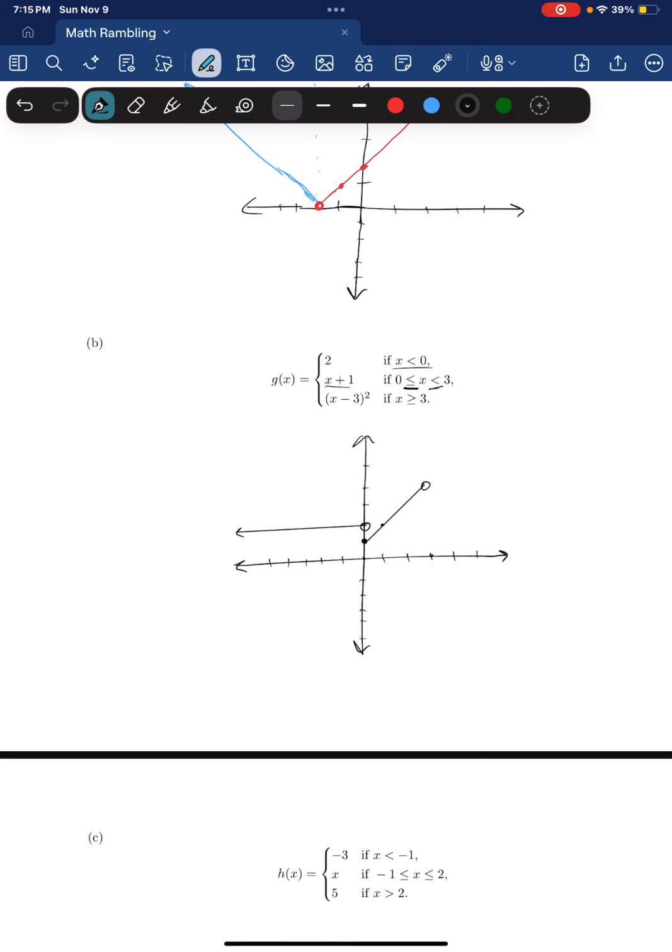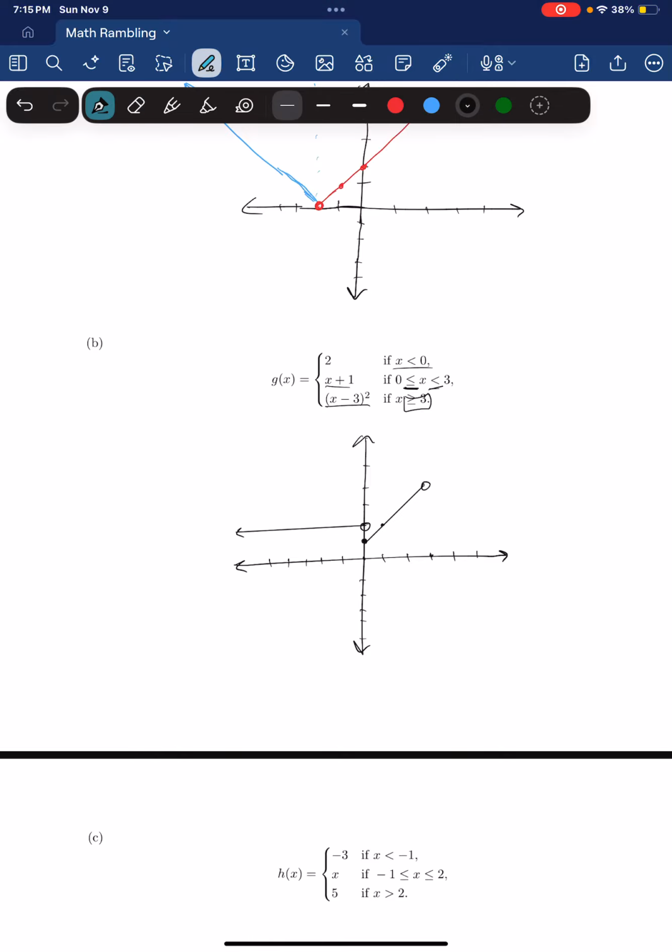And now, if x is greater than or equal to 3, we have this line, x minus 3 squared. This is some kind of transformation of x squared. What kind of transformation is this? Well, if the -3 was on the outside, it'd be a vertical one, but it's on the inside, so this is going to be some kind of horizontal shift.